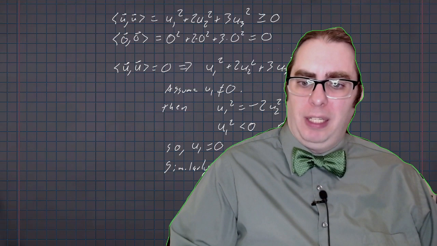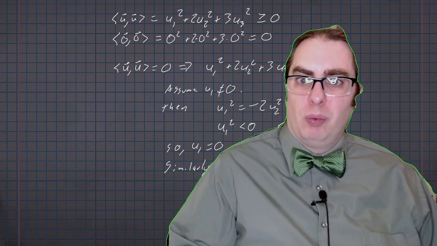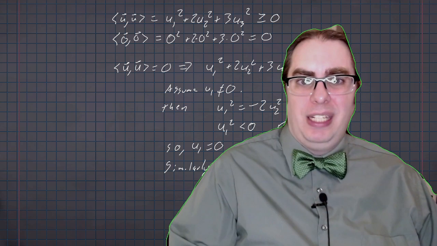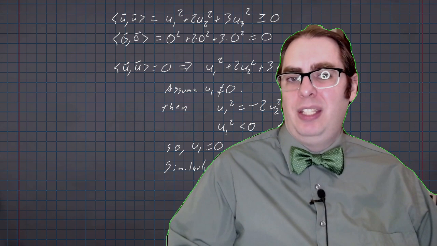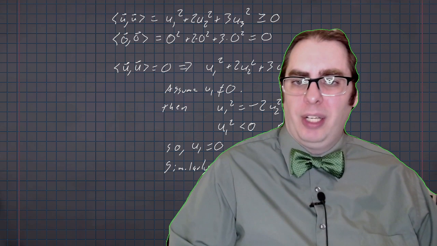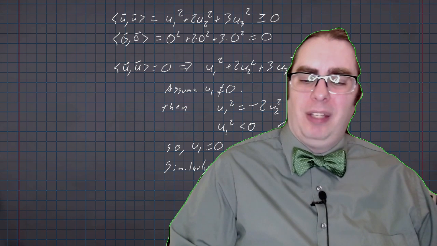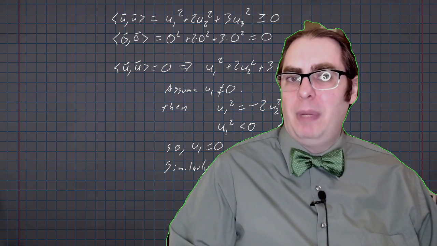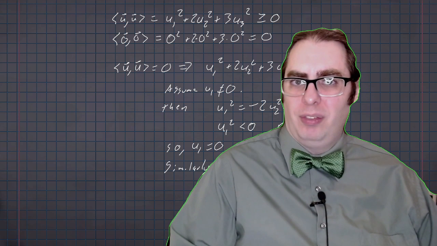A vector space is the rule of addition and scalar multiplication. An inner product space is the additional rule of an inner product. And any vector space can have any number of different inner products that might be useful in different circumstances.